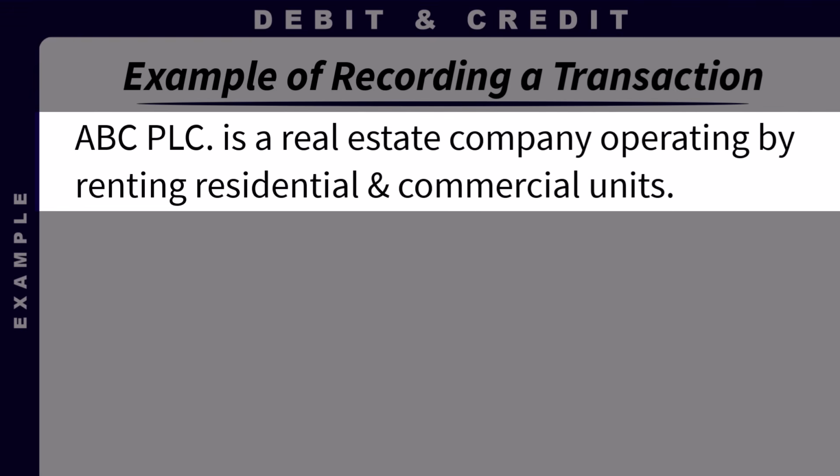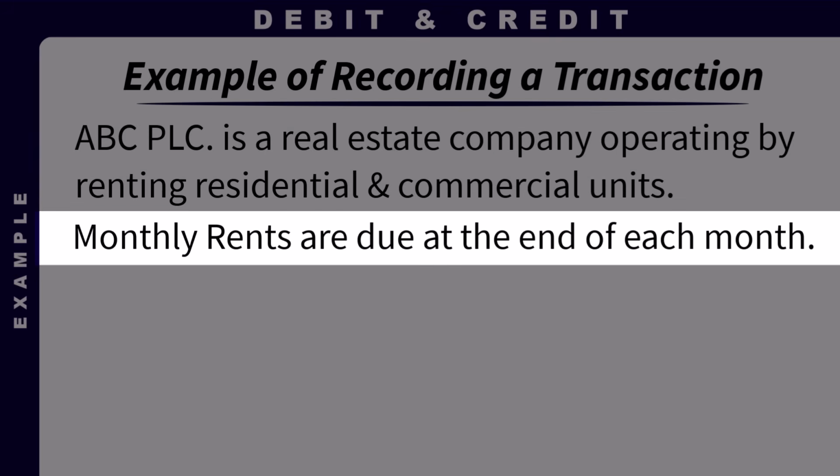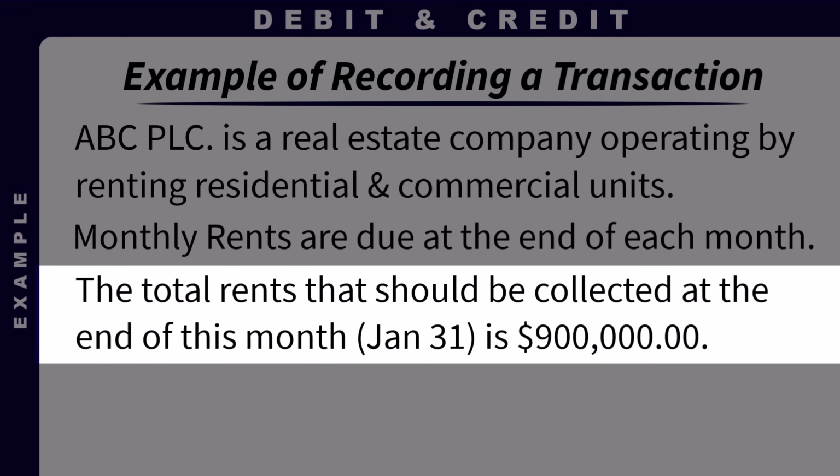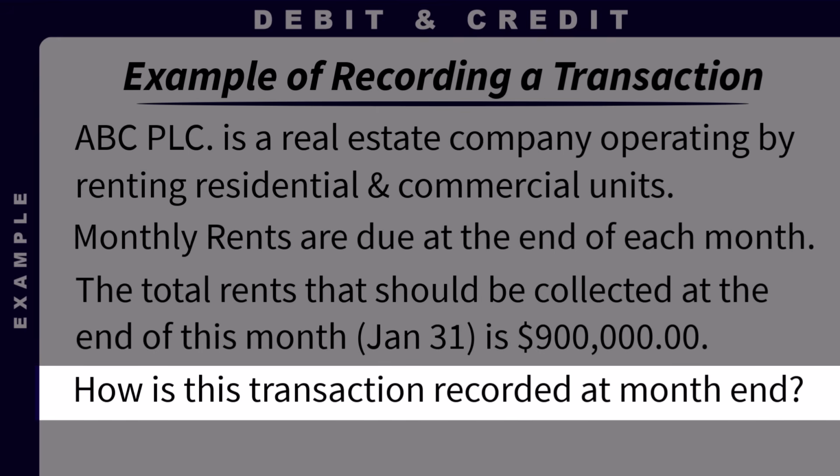Just for simplicity of this example, let's assume that all rental fees are due at the end of each month, and the total rental fee to be collected at the end of a given month, let's say January 31st, is $900,000. How is this transaction recorded in the journal at the end of the month? That is January 31st.